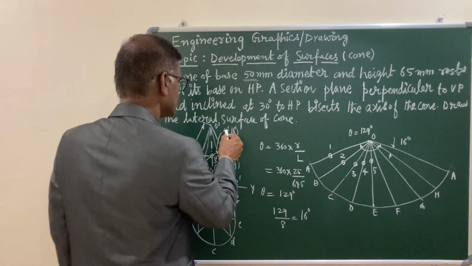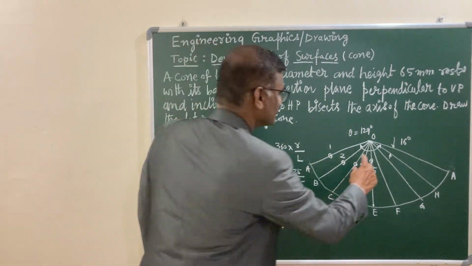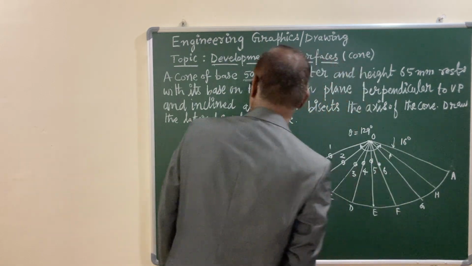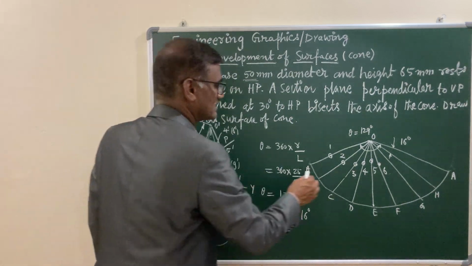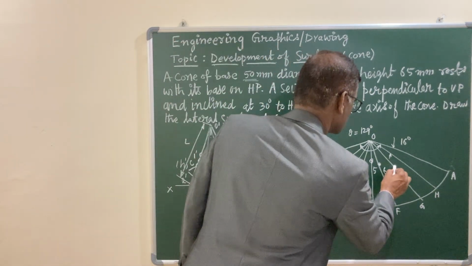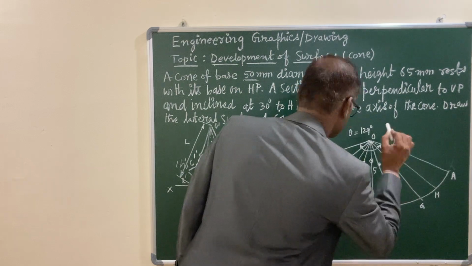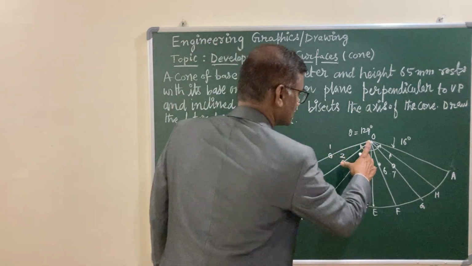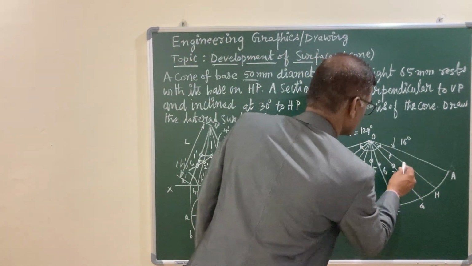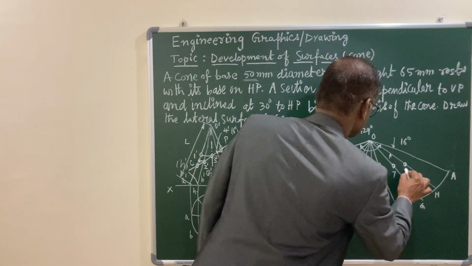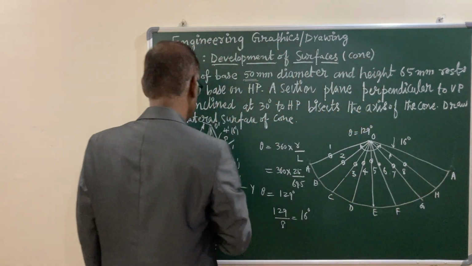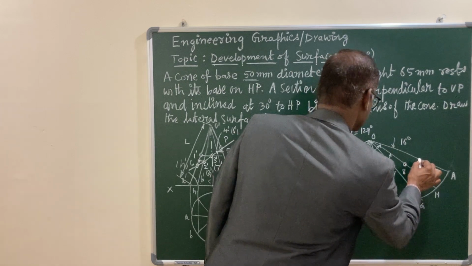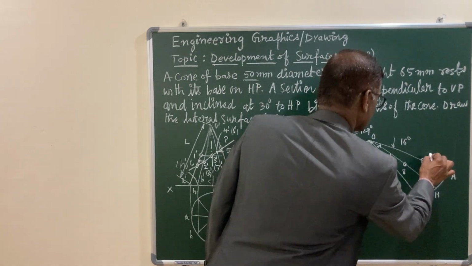And 6 is same as your length 4, you can locate, this is your 6, and 7 same as your length 3, this is your 7, and 8 is same as length 2, so this length you can mark here, this is your 8, and at the end of it 1, this is your 1 somewhere here.